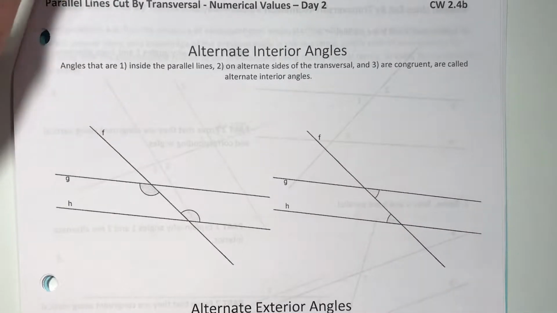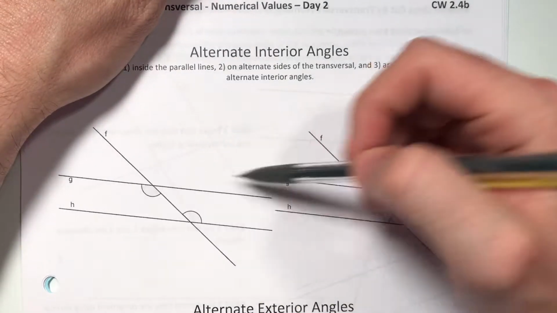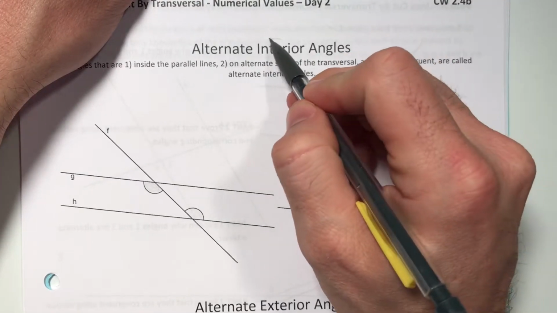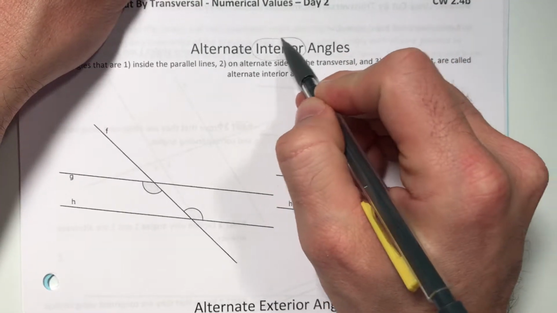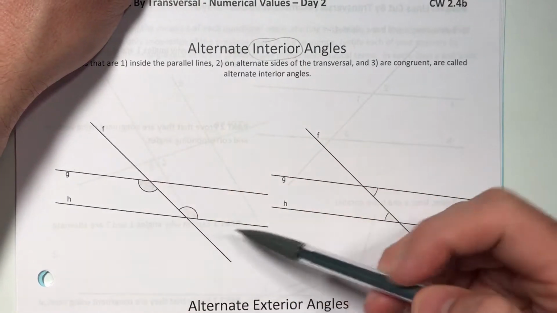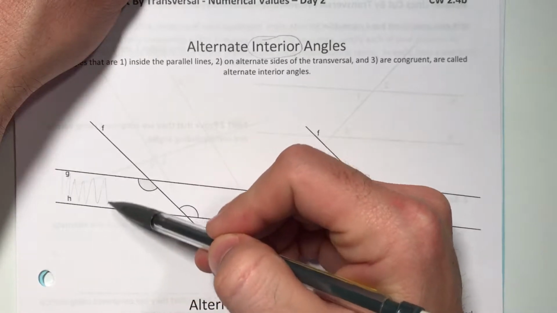You got to know this, okay? So here's what it is. Ready? You've got two parallel lines, and you've got a transversal. Let's start with the word interior. What does that mean? Think about the parallel lines as a pipe, let's say with water running through it.